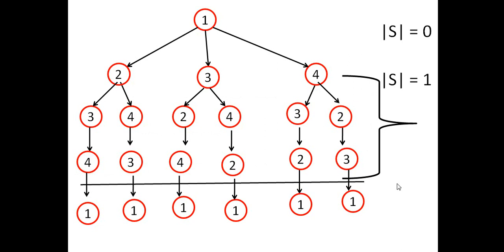In the next stage, see here, 4 to 2, 2 to 3. How many stages? 4 to 3, 3 to 2, 3 to 2, 2 to 4, 2 to 4, 4 to 3. How many stages?